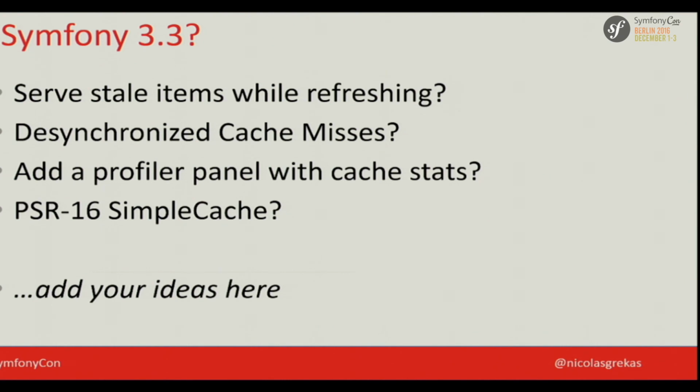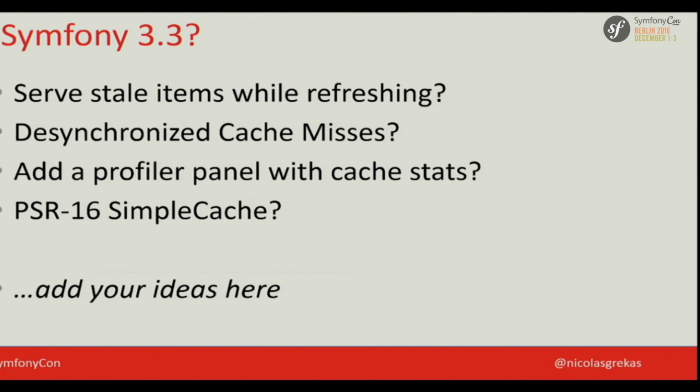Desynchronized cache misses, so this is a way to have several seconds of difference in the expiry timestamps, so that if you happen to put things in production with an empty cache, it means you are going to regenerate most of the content at the same second, if this happens to be fast enough, and they are going to expire also all at the same second, 1 hour, 1 day, 1 week later, which means at this very second your cache is empty again.